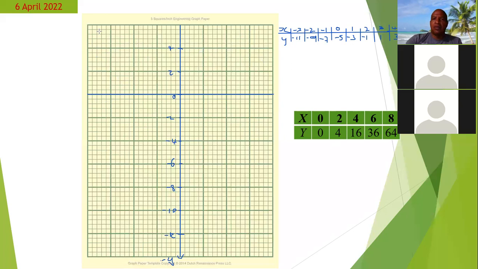And then now we label our x-axis. Our scale on the x-axis will be different from the scale on the y. So we would have positive 1 to the right, then positive 2, then positive 3.